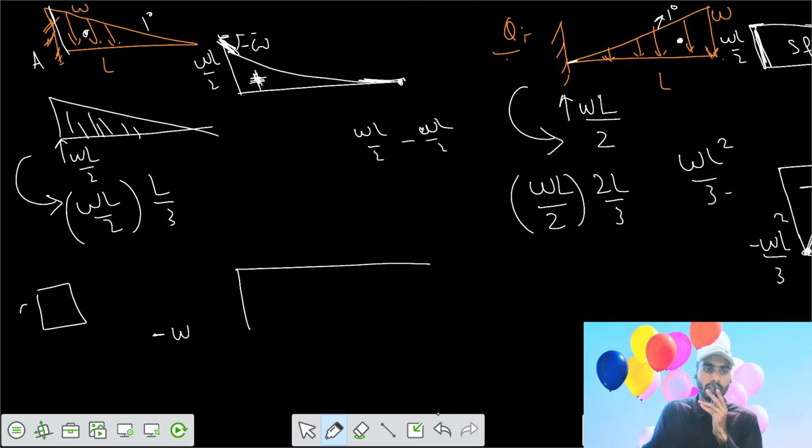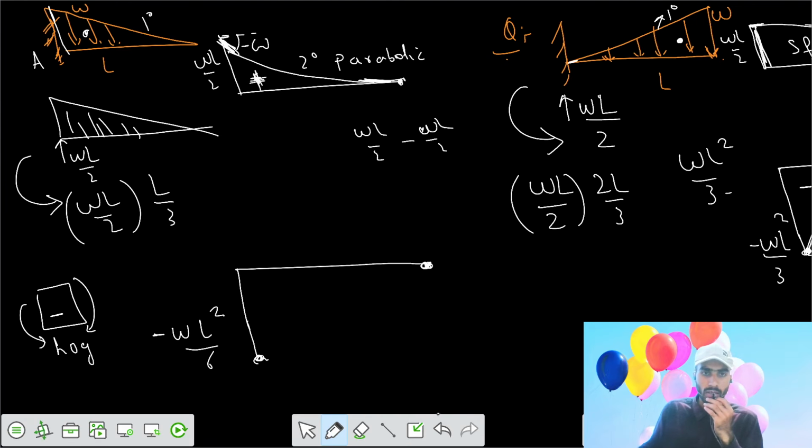Since the sign convention is that from the left, if the moment is acting anticlockwise, you have a hogging moment, the bending moment value is negative. So minus WL square by 6, and the bending moment at the free end would be 0. At the free end there is no bending moment developed. So we need to join the two values.